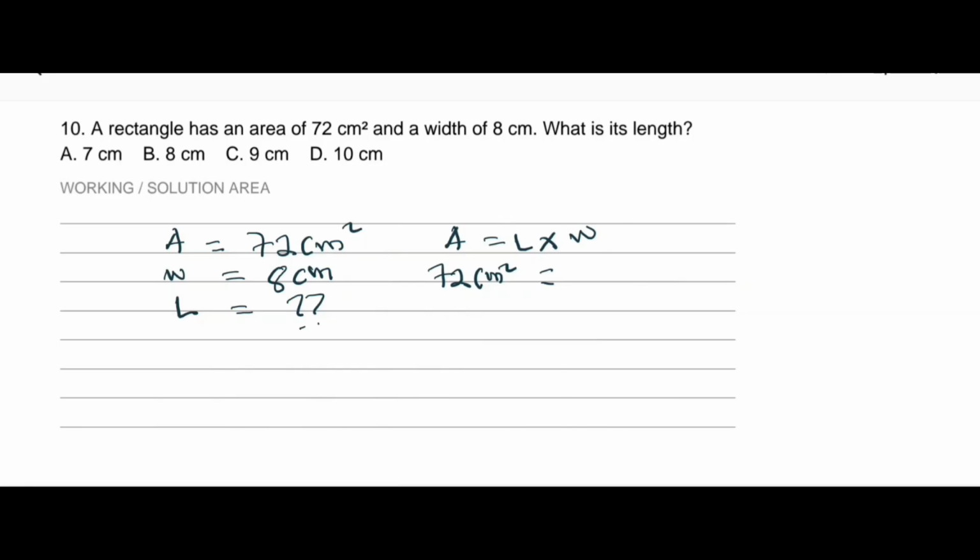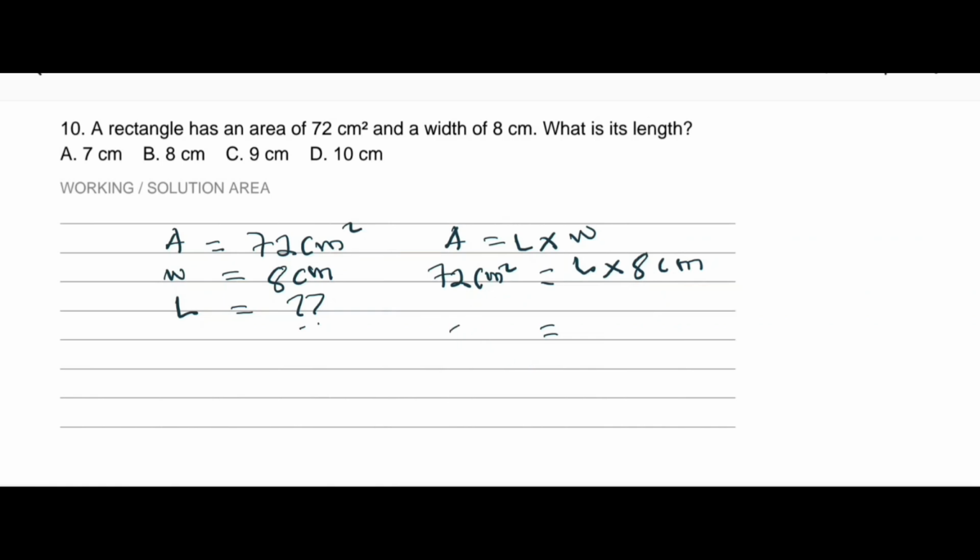We have been given the width. So we don't know the length, but the width is 8 centimeters. So to find the length, we will divide the area by the width.